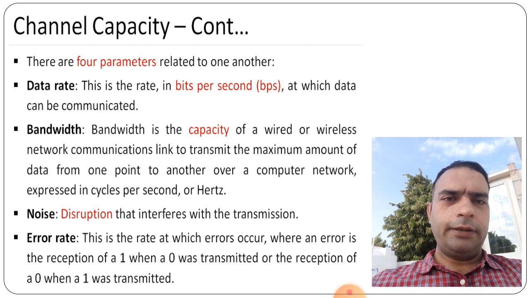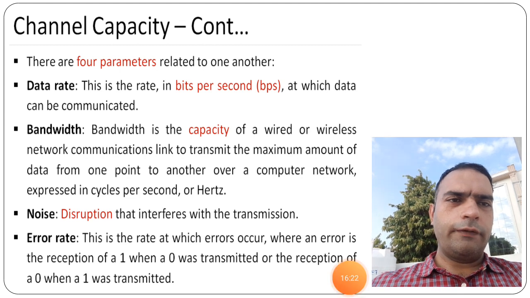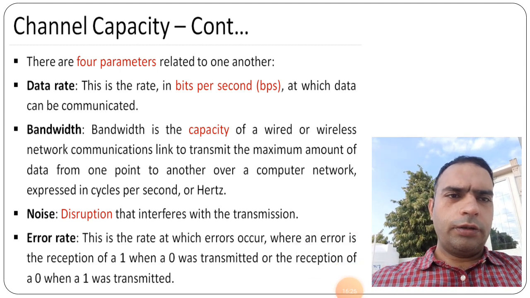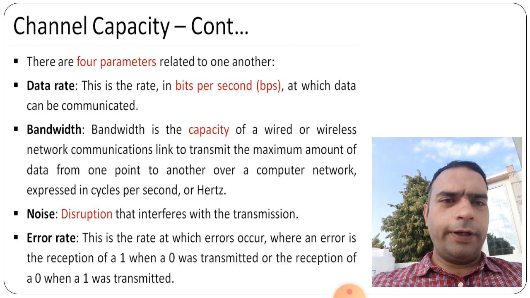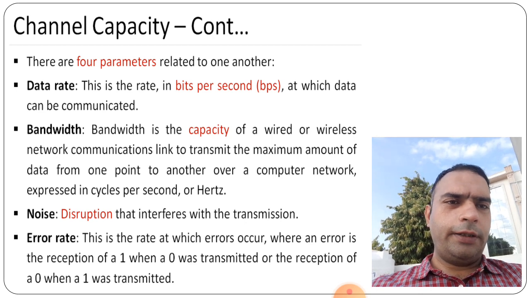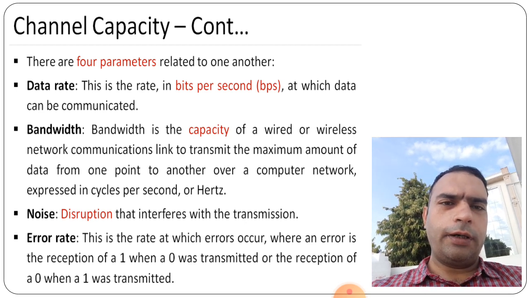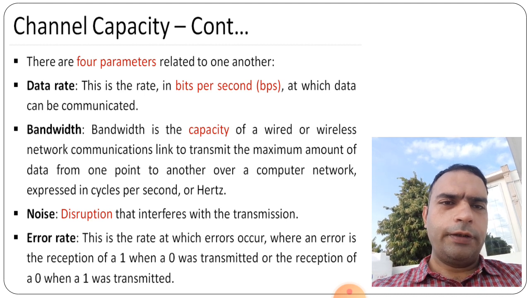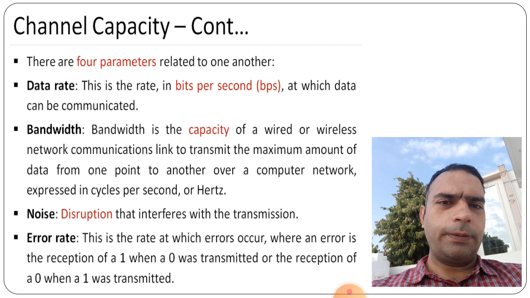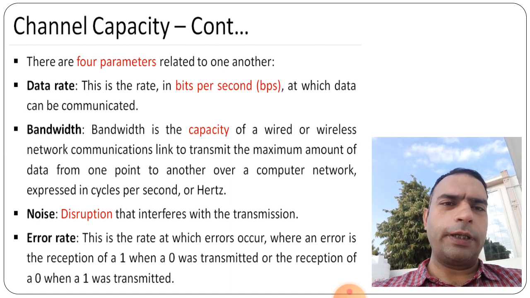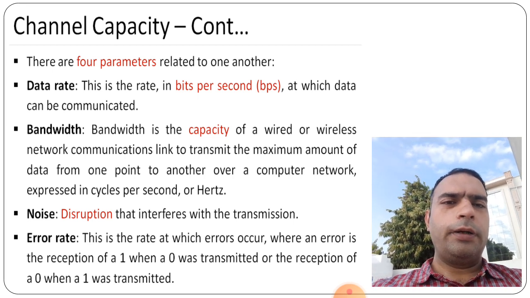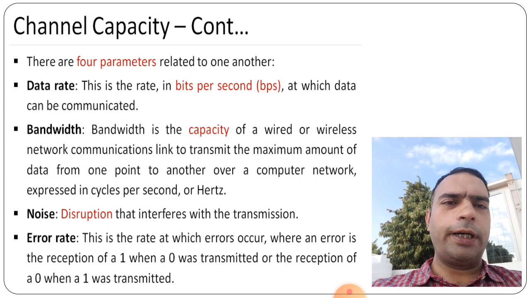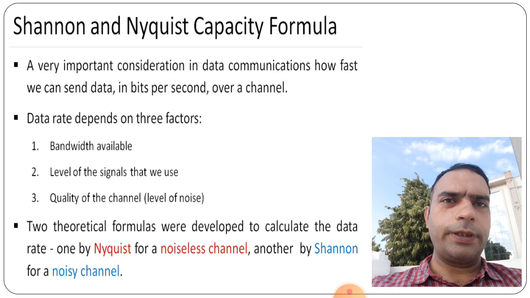This is the rate at which errors occur, which shows the reception of a one when a zero is transmitted, or the reception of a zero when a one was transmitted. So if someone transmitted a zero and you receive a one, or transmitted a one and you receive a zero, right, the opposite numbers are received. That is the rate at which the error occurs.